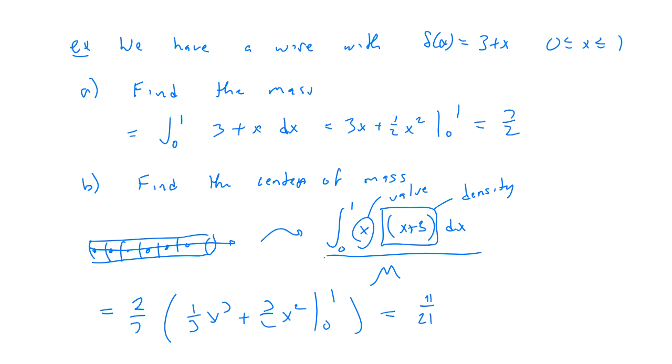Now this would be the center of mass, which is the balancing point. So if I had this wire, if I put my finger at 11/21, it would balance.